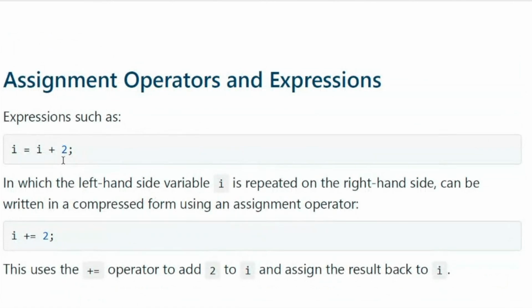All right, so let's look at another interesting operator in C, which is this plus equal. Right. So if we say I equals I plus 2, this is the same as I plus equal 2, right? You can do this when you have the same variable on both sides of the equation, right?